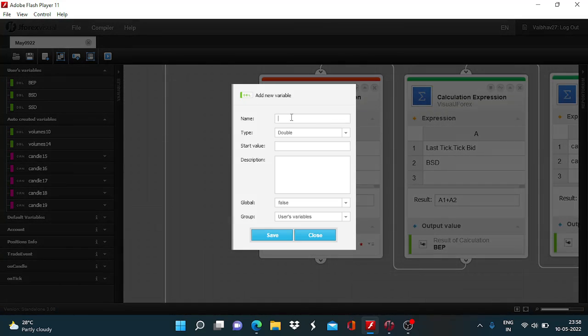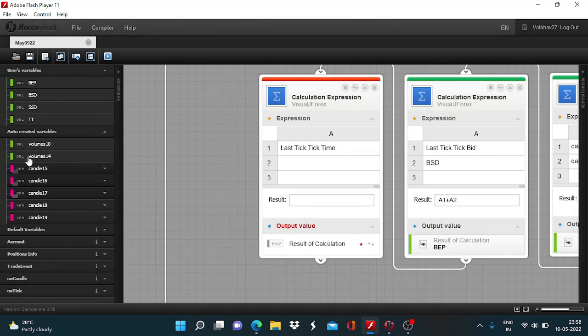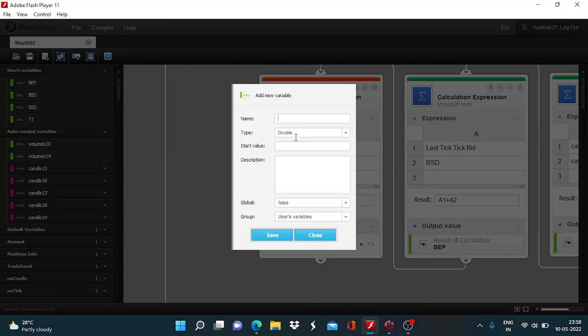So I will create a new variable with the start value of 3.6 million. Then multiply it with 2. 1 hour has 3.6 million ticks, so that's why I'm multiplying it with 2 to make sure that it is of 2 hours.